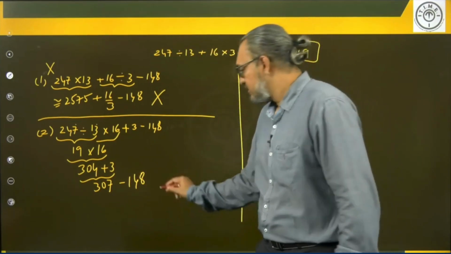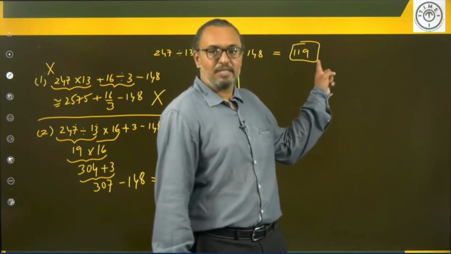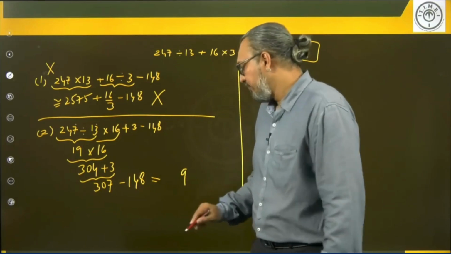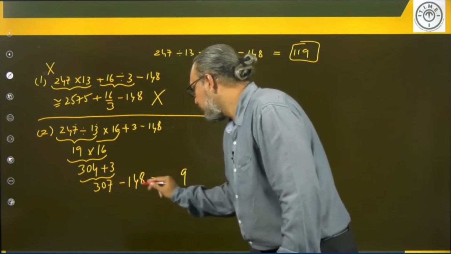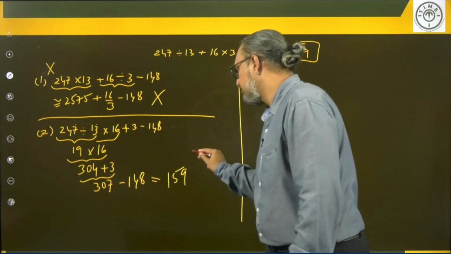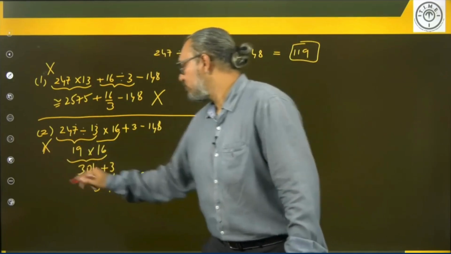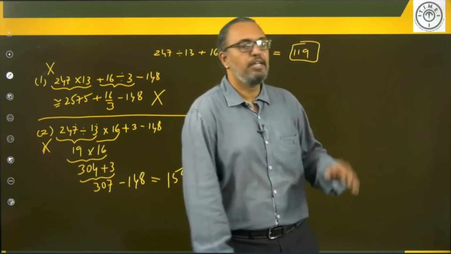The units digit is 9, then 29 and 14, so we'll get 159. So this is also not going to be my answer. I don't want 159, I want 119.